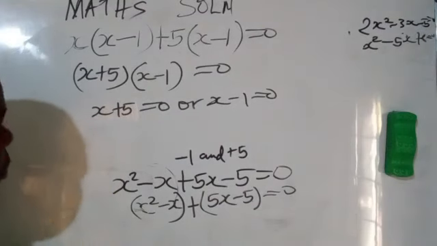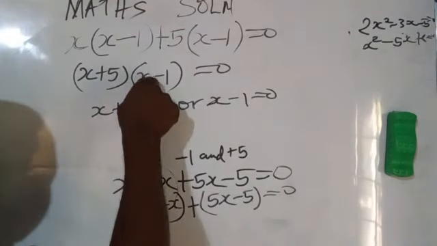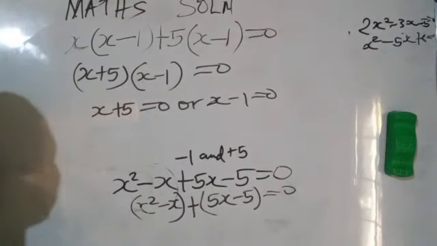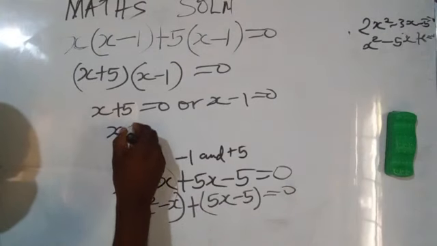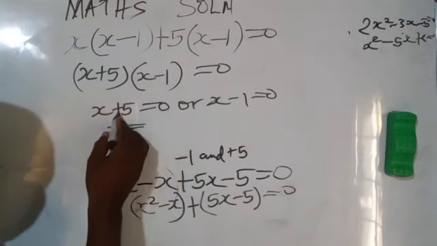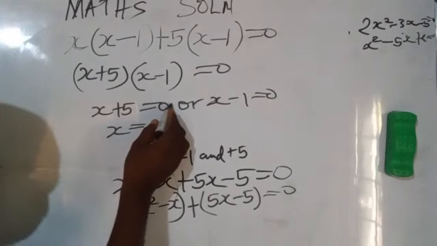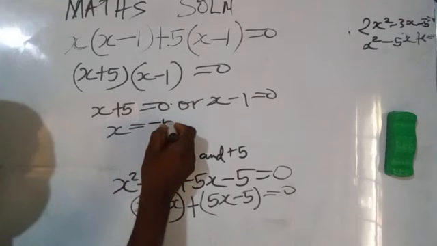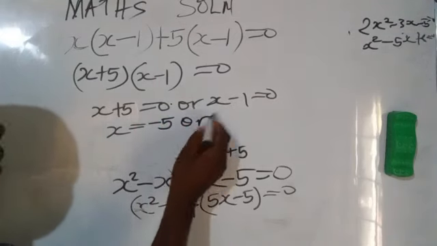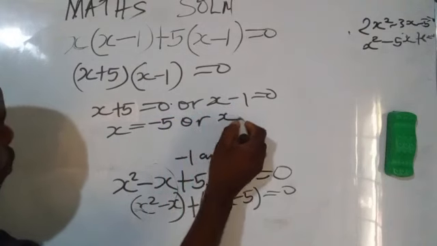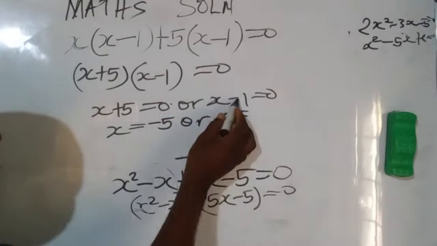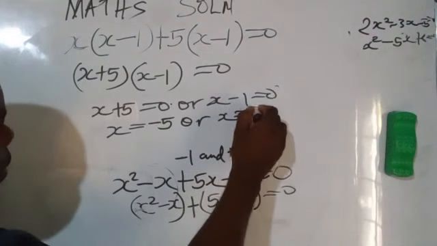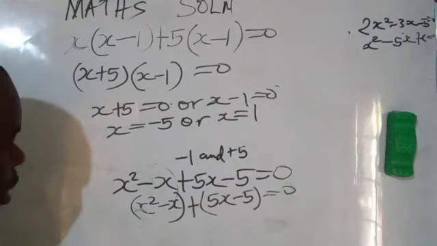Making x the subject of the formula, you have that x is equal to, collecting like terms, since this is 0, this plus 5 will cross the equality sign to become minus 5. Then 0 minus 5 is minus 5. Or x equal to, this is 0, when this minus 1 crosses the equality sign, it becomes plus. So 0 plus 1 is 1.